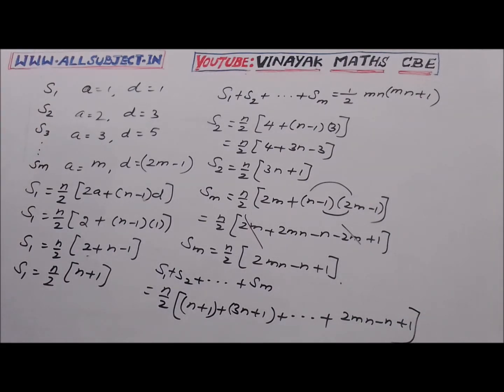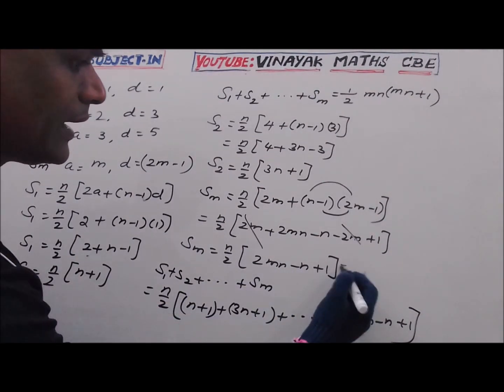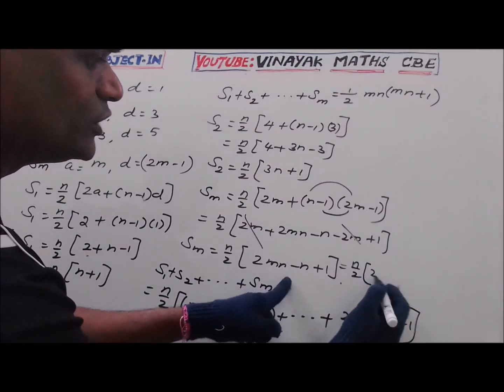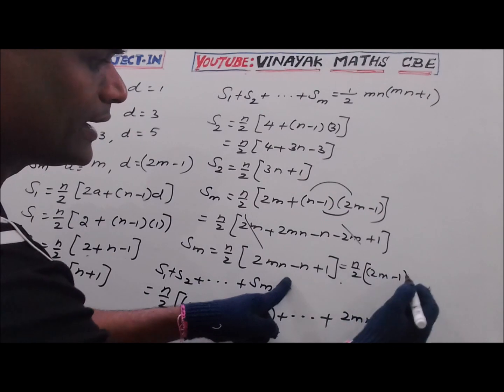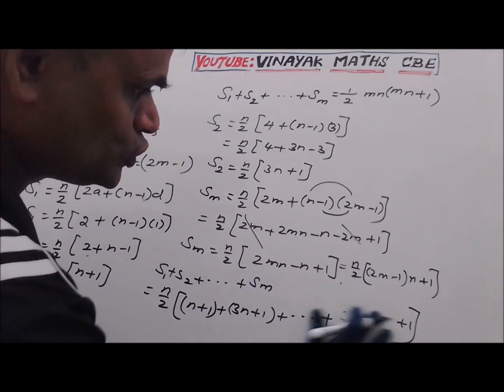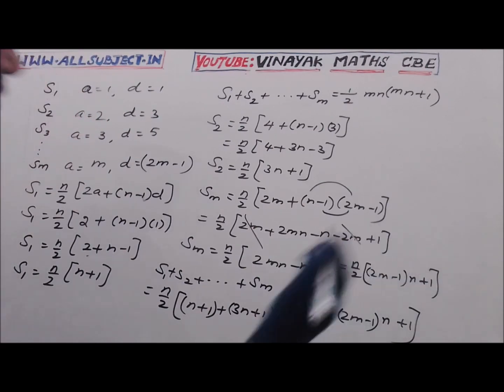You can simplify this more, taking n as common: n by 2 into n, then 2m minus 1 into n plus 1.